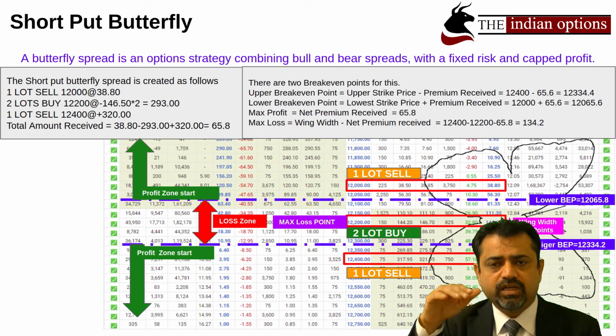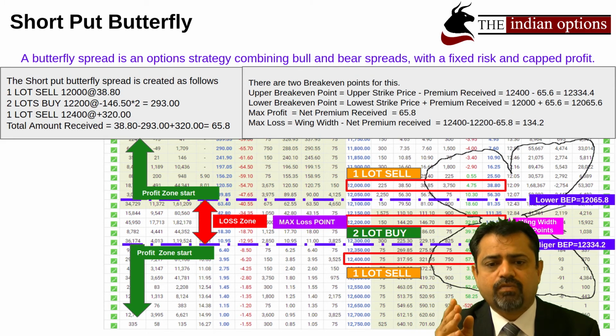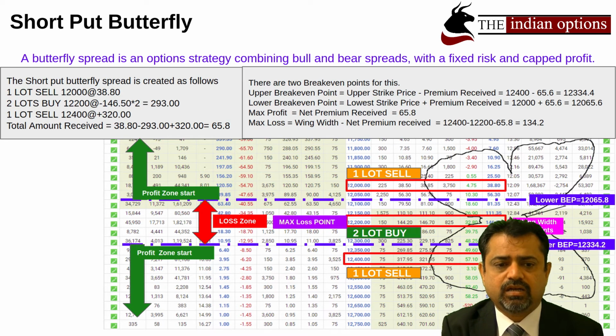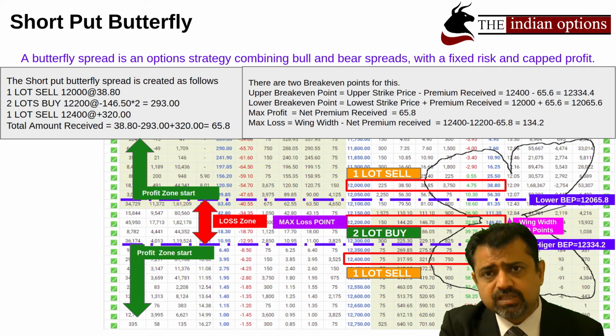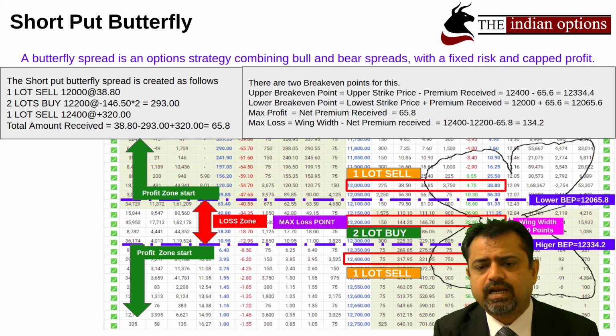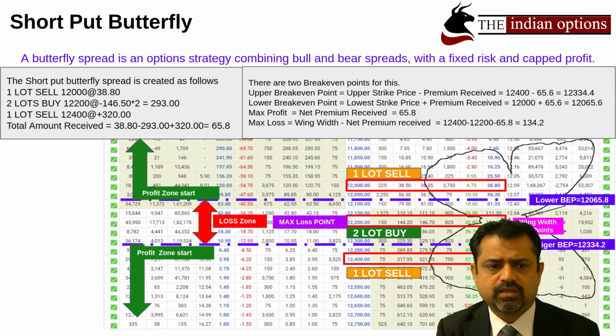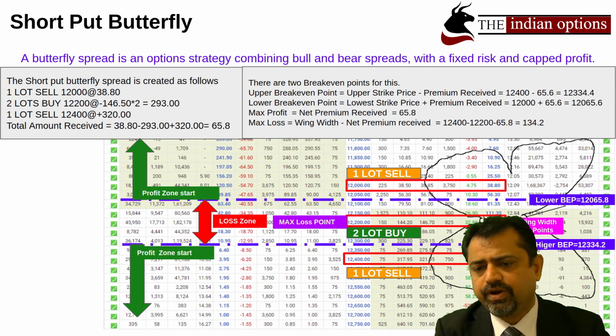You are going to start making the profit, maximum 65.8, when the market breaches these two break-even points, and the wing width is again 200. That's about it for the short put butterfly video.